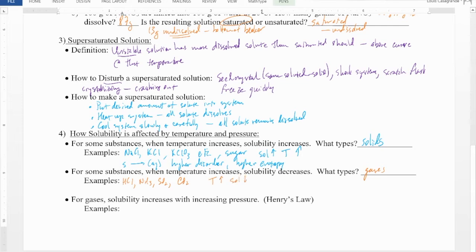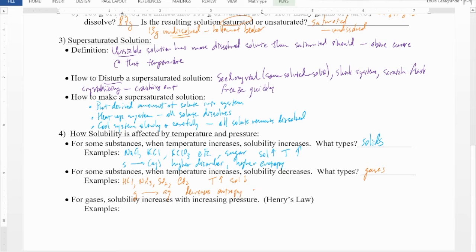And this also has to do with entropy, because when you have a gas as a solute, when you take that gas and you go to an aqueous, this is the only time when mixing decreases the entropy. It decreases the entropy. Gases have the highest entropy.